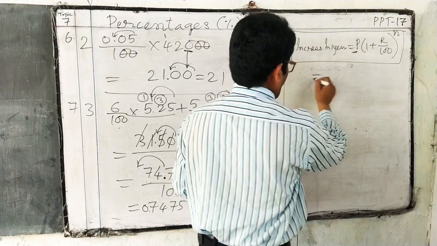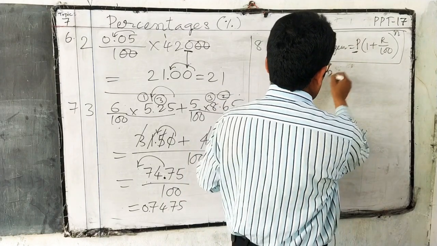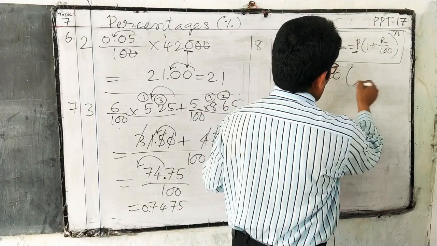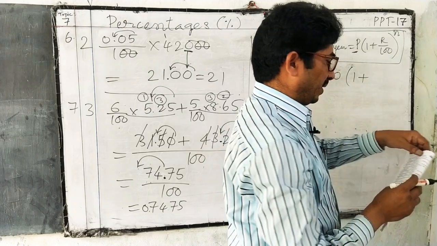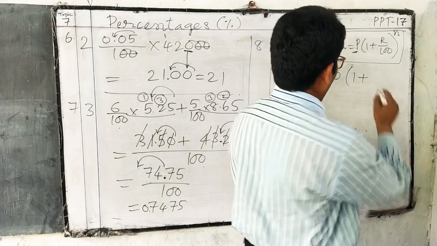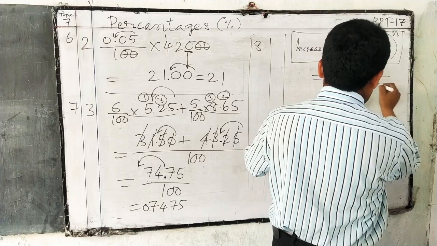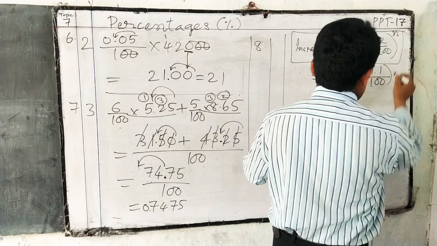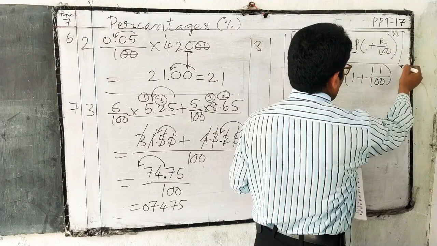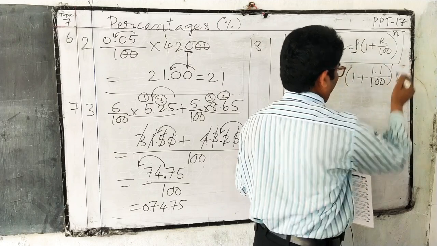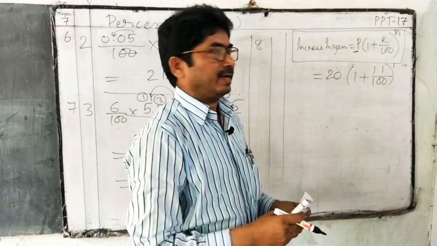This is the population, 20 lakhs. R is the rate of increase, 1.1 by 100, and n means years. Only 1 year.